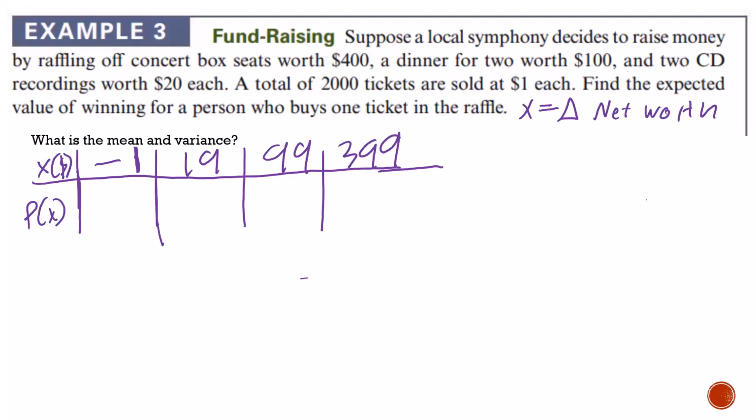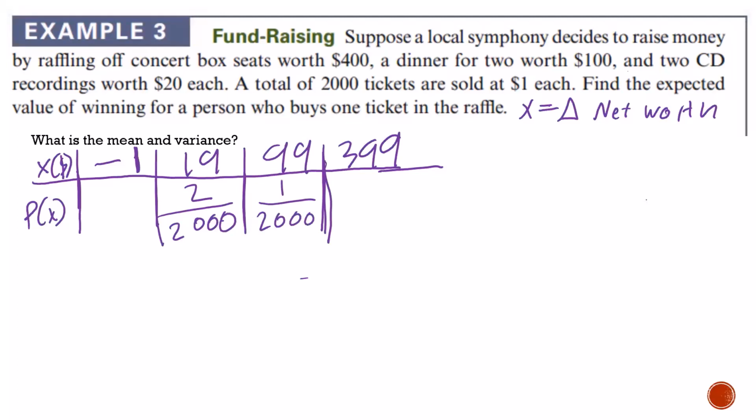It'll be easier to do this actually kind of backwards. So the probability of winning the CD is what out of what? 2 out of 2,000, which reduces to 1 out of 1,000. And then these other ones would be 1 out of 2,000, because one person can win these out of the 2,000.